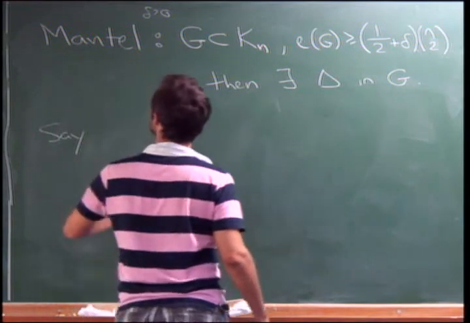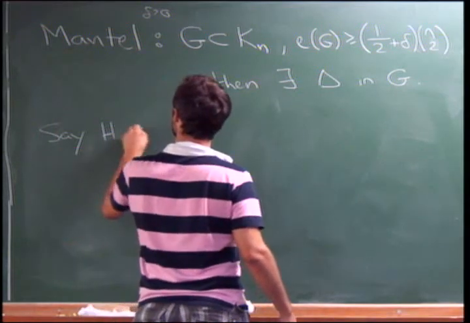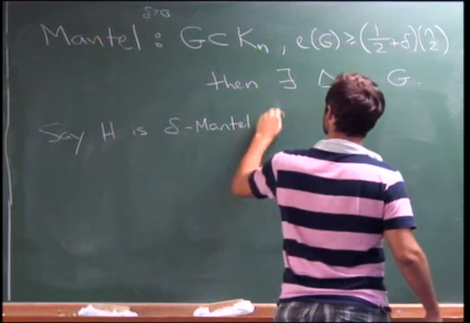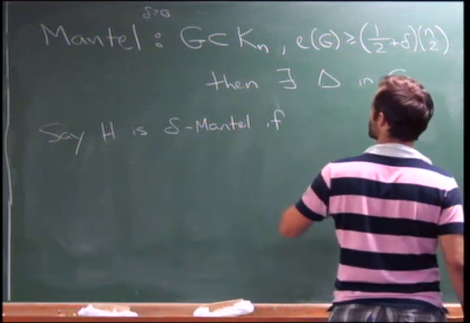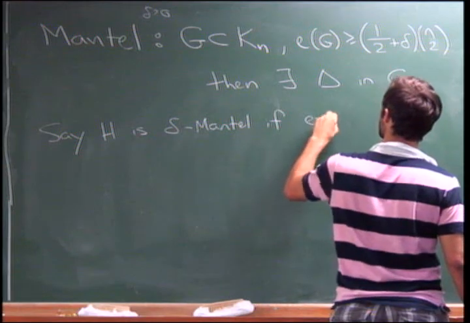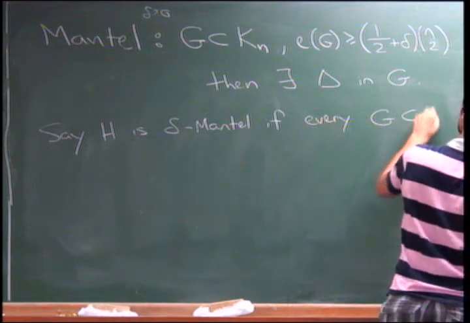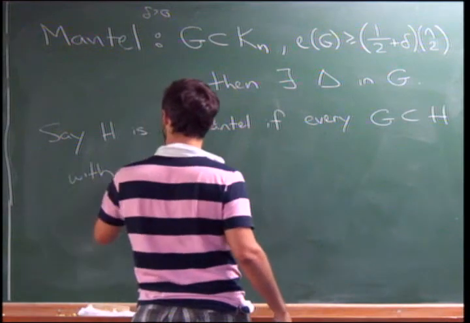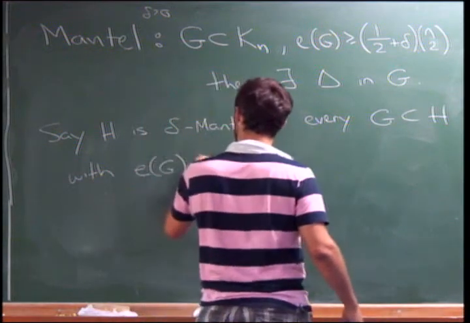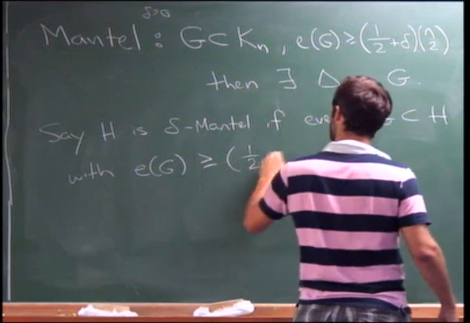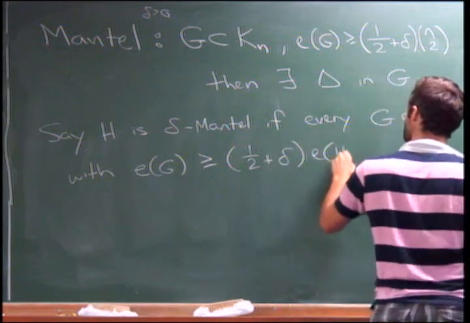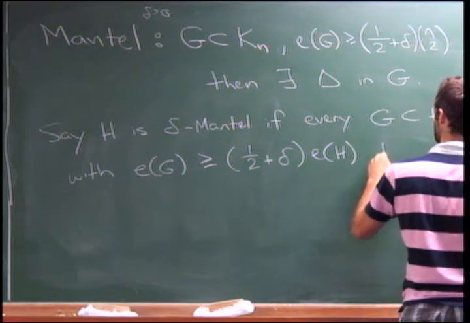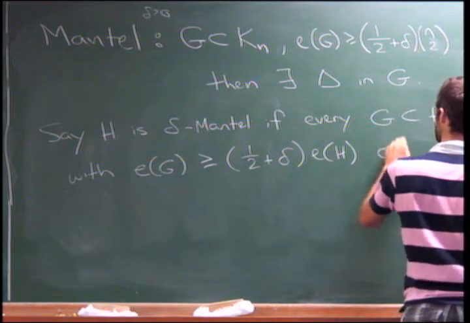Say H is delta Mantel if every subgraph of H with at least a half plus delta proportion of the edges contains a triangle.